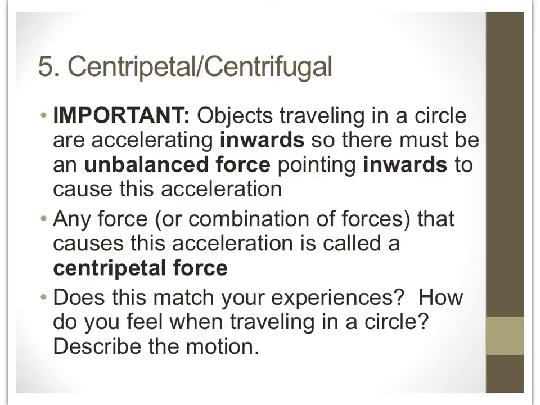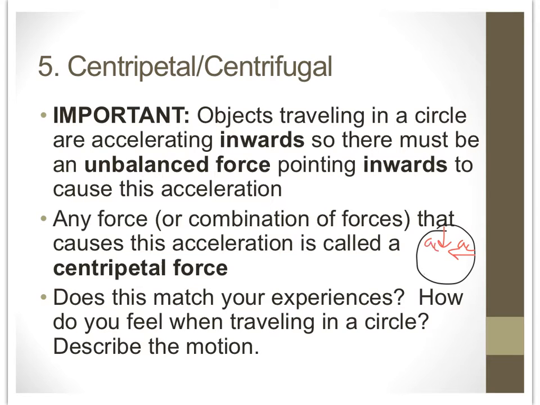We now need to clear up a really important misconception about objects when they're traveling in circles, specifically about the forces that exist when objects are traveling in circles. So we've said that whenever an object is traveling in a circle, it needs an inward acceleration, a centripetal acceleration, to allow it to move in a circle.